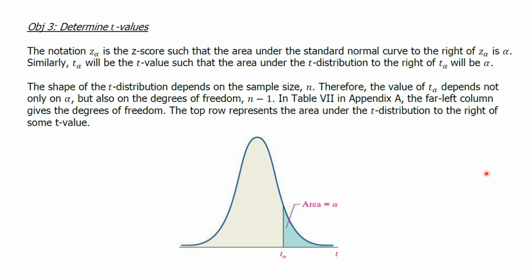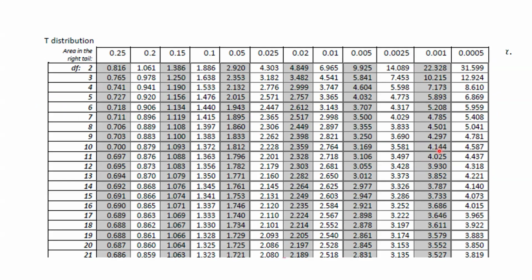The table in the back of your book in Appendix A, which is also in your formula chart, has the degrees of freedom on the far left-hand column, and the top row represents the area under the t-distribution to the right of some t-value. So unlike the z table, which is the same for all problems, the t-distribution table changes based on your sample size, in other words, your degrees of freedom.